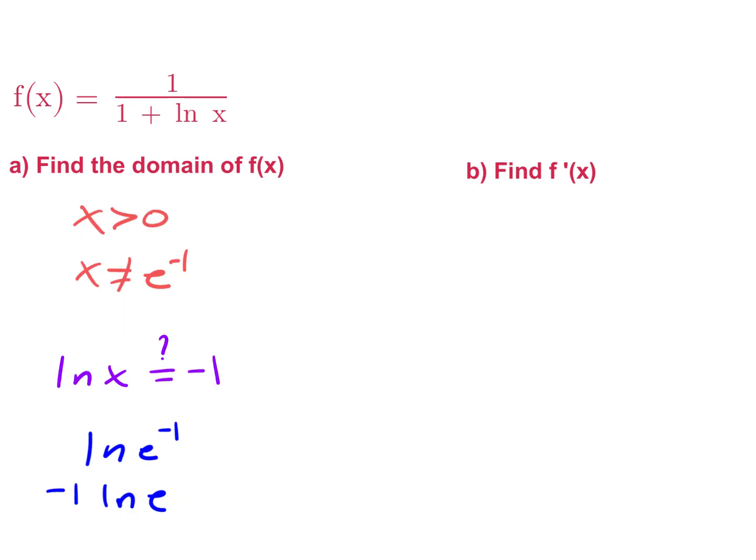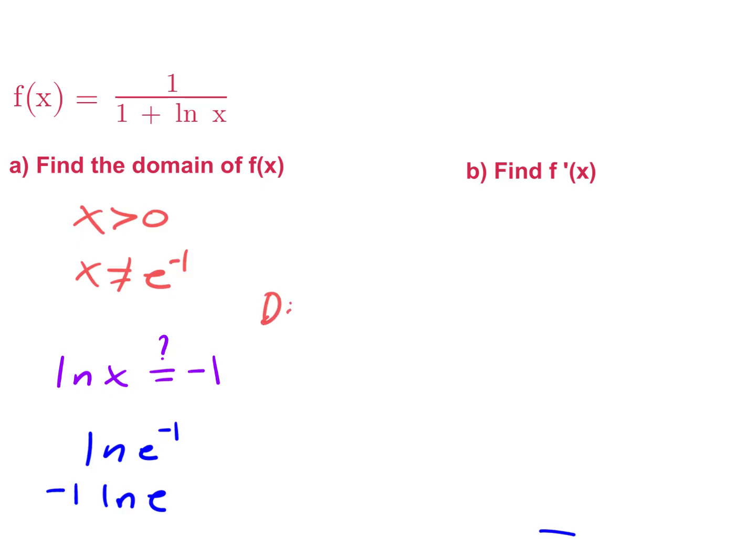All right, so now how do I put this all together to write the domain? Could I write this? I mean, e to the -1 is a positive number, and it is greater than 0. So another way that we could write this domain, maybe the best way to do it, is as an interval.